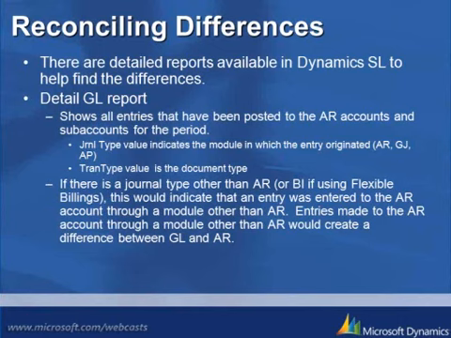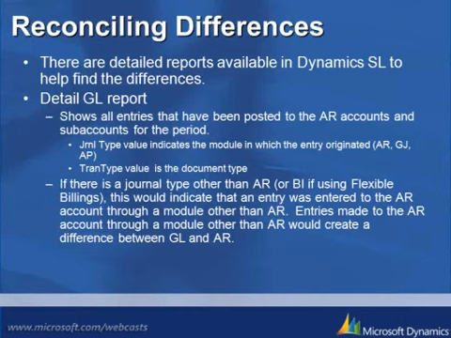And if you find a journal type other than AR on your detailed general ledger report, what this would indicate to you is that there was an entry that was entered using the AR account through a module other than accounts receivable. So typically we would want any transactions that are being made to our AR account 1100 to flow through the accounts receivable module.